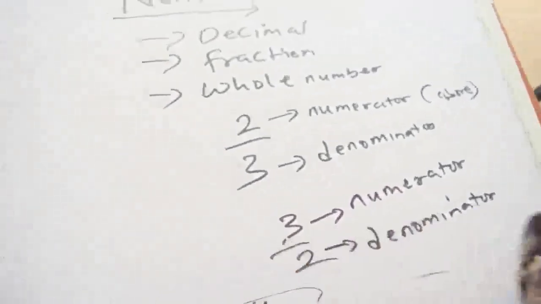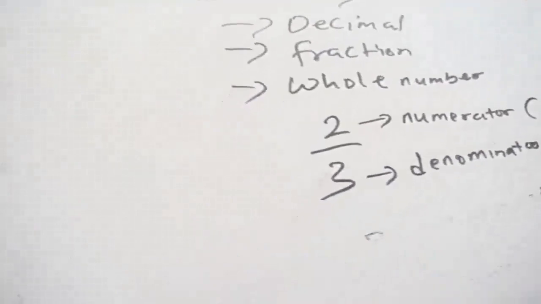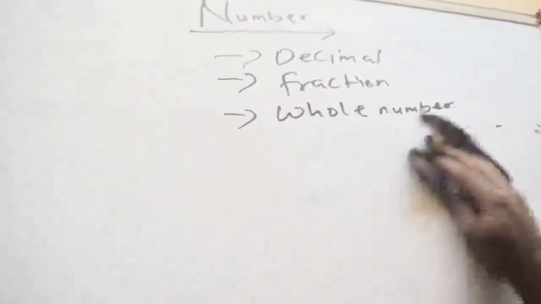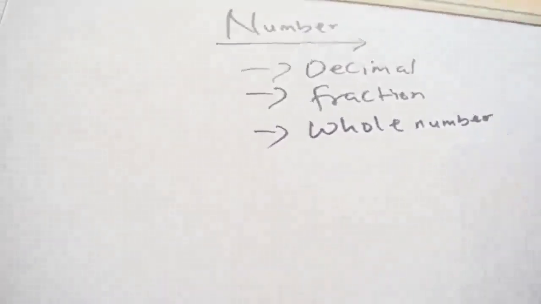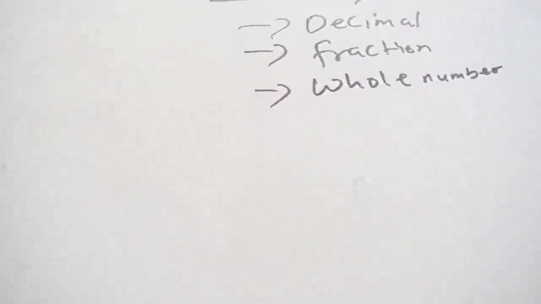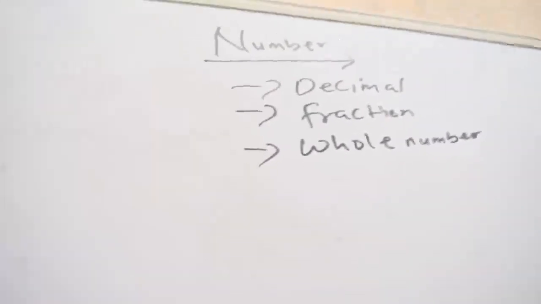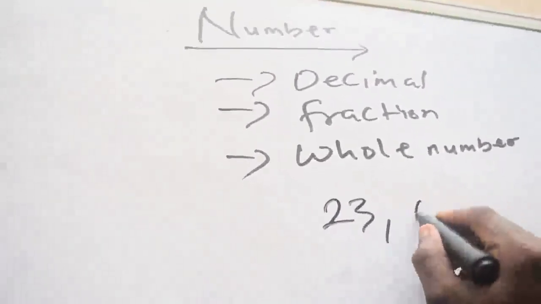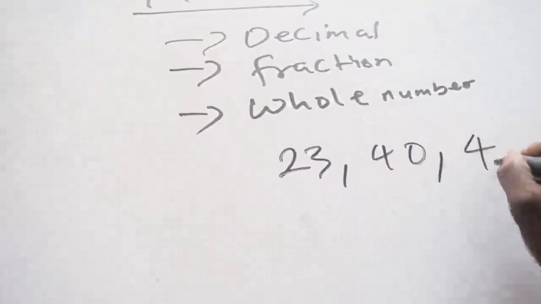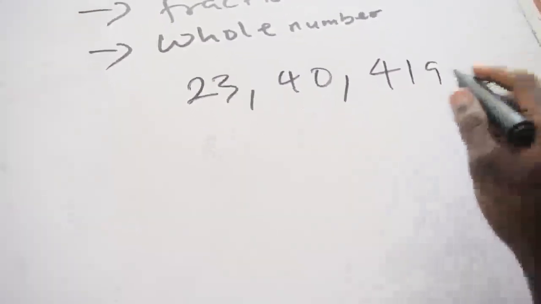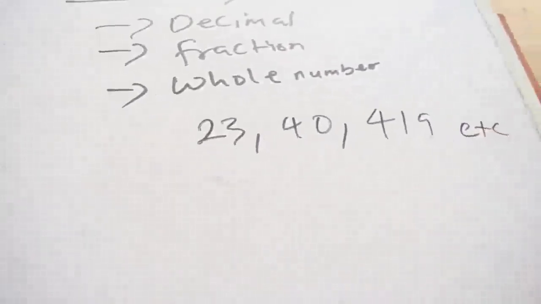Then lastly, what happens to whole number? When you say a number is a whole number, what is so special about whole numbers? Whole numbers are the numbers we play with almost on a daily basis. Take for instance, when you say 23, you say 40, you say 491, 419, etc. These numbers are said to be whole numbers.